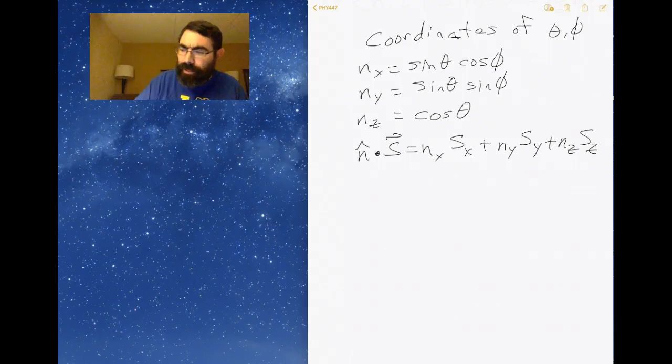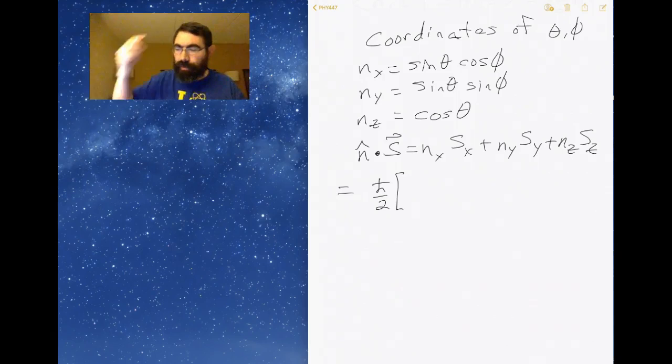And so this product becomes, well, from all of the spin operators, I get h bar over 2, and from the direction, the spin operators plus that matrix for s sub x, which was 0, 1, 1, 0.